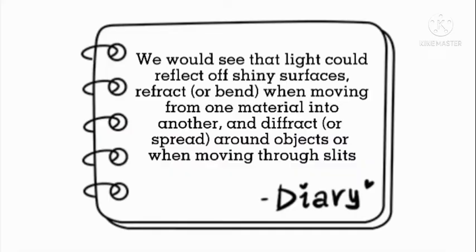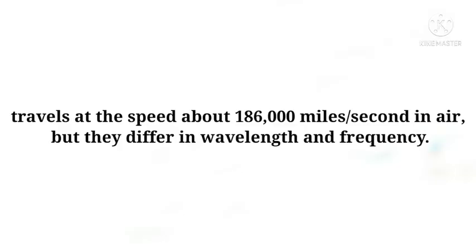We would see that light could reflect off shiny surfaces, refract or bend when moving from one material into another, and diffract or spread around objects or when moving through slits. This form of energy travels at a speed of about 186,000 miles per second in air, but they differ in wavelength and frequency.